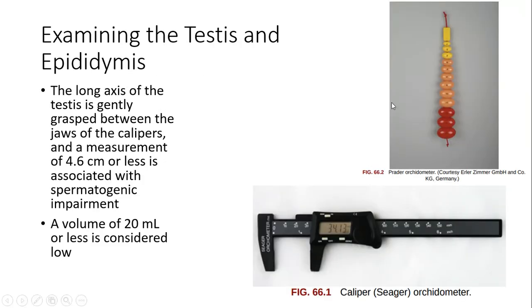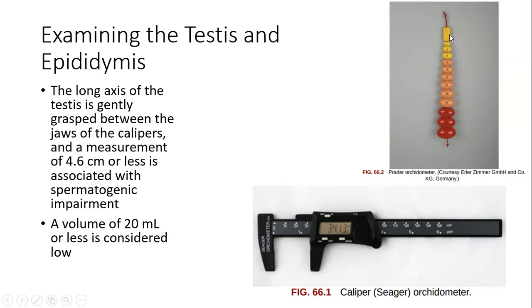So how to examine the testis size? The long axis of the testis is gently grasped between the jaws of the caliper, and a measurement of 4.6 centimeters or less is associated with spermatogenic impairment. Here is the caliper.